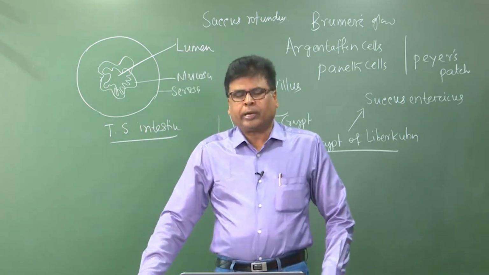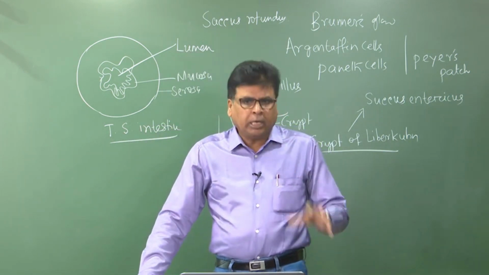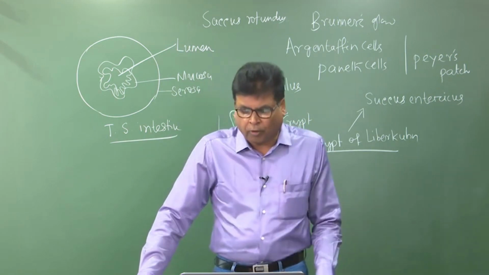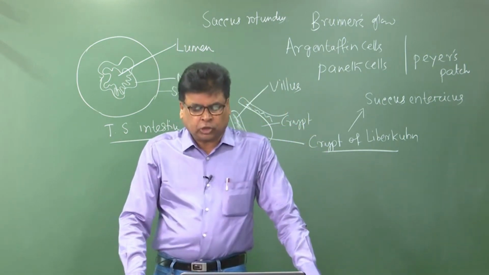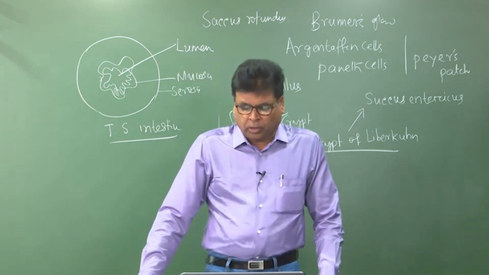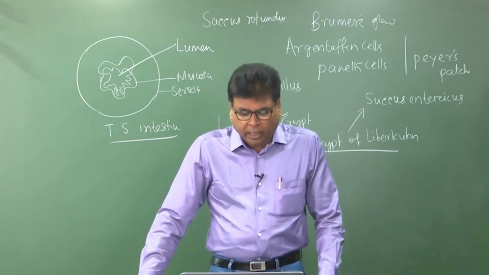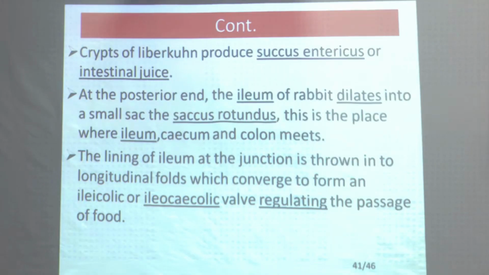So, the posterior end of the ileum of the rabbit, which is dilated to form a sac-like structure, is known as sacculus rotundus. This is the place where ileum, cecum and the colon meet.